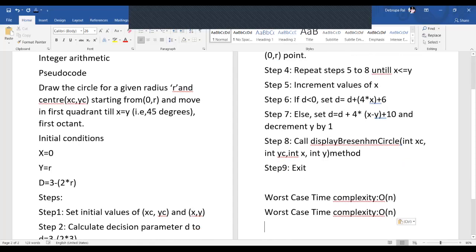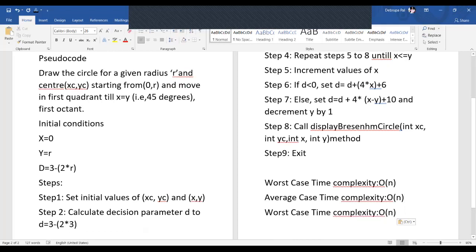Now if we talk about the average case time complexity, that is also order of n. And if we are talking about the best case time complexity, that is also order of n.